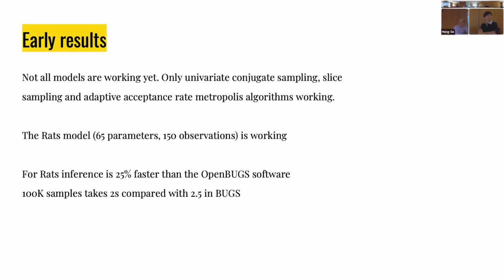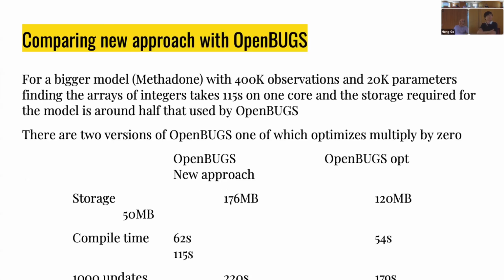So the BUGS software is already quite efficient for that. 100K samples from the model takes 2 seconds compared with 2.5 seconds in the BUGS software. So that's pretty quick. Can I have the next slide?